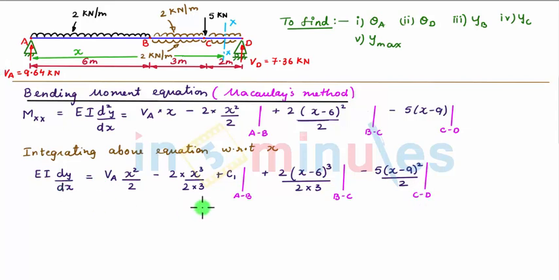Now we see that in this equation we have dy by dx term, so this is called a slope equation, since dy by dx is nothing but slope of the elastic curve of the beam.